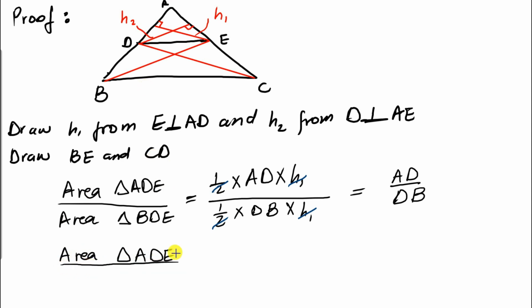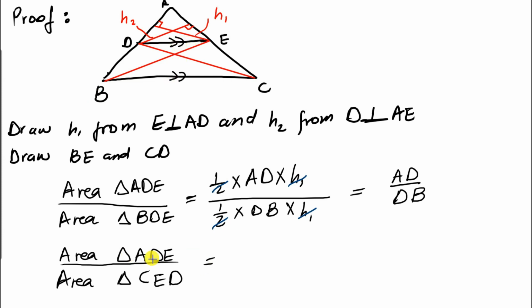I'm going to take triangle CED, this one here. Area of triangle CED. And by the way, I forgot to put the parallel lines here. Remember, if a line is drawn parallel to one side of a triangle, so there's supposed to be parallel lines here.